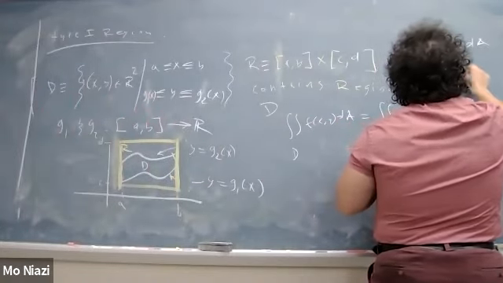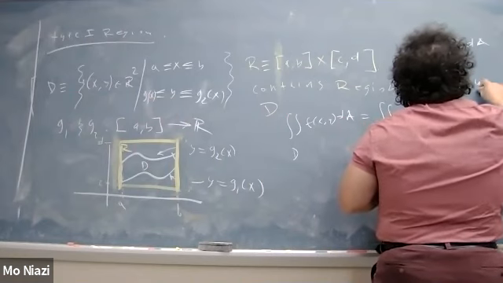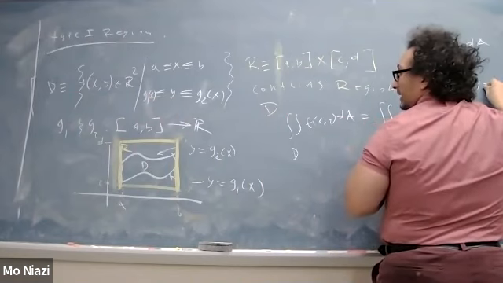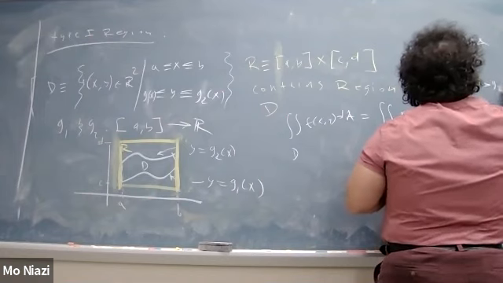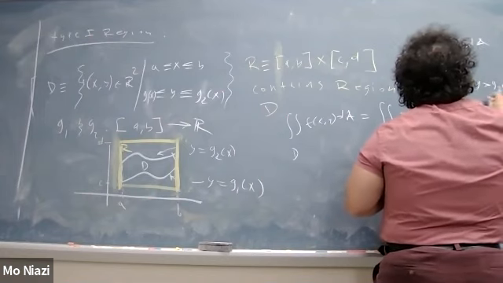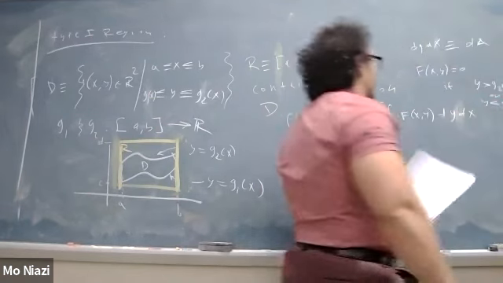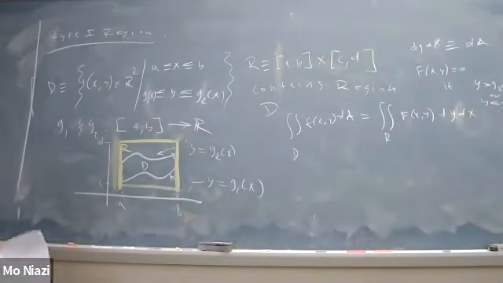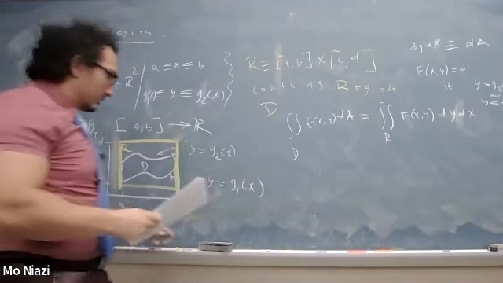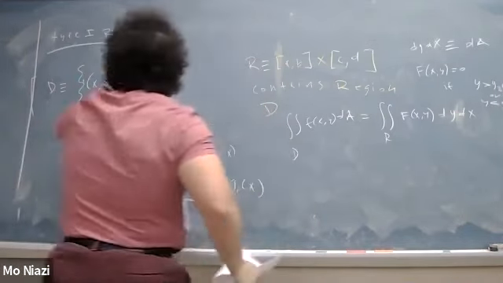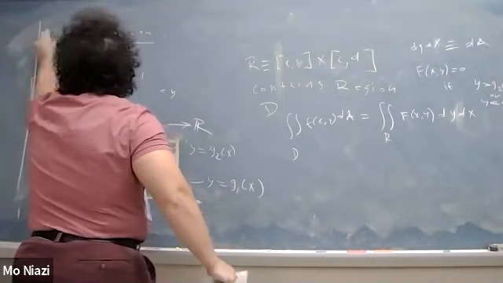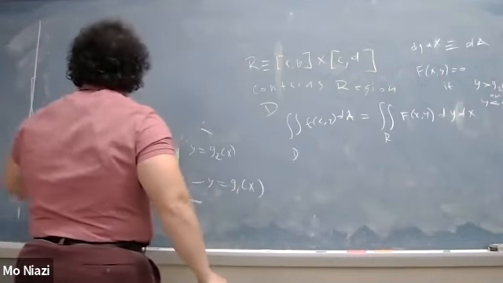This is equal to 0 if y ends up being greater than g2 of x, or y being less than g1 of x. So this is a type 1 region.